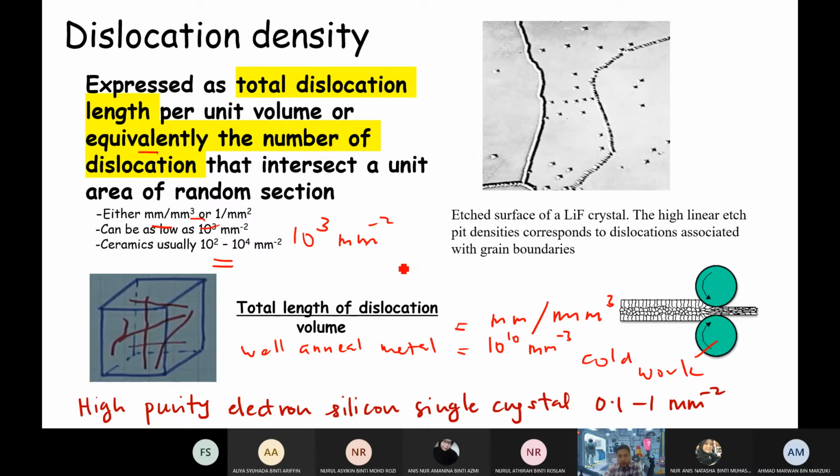When we apply a light cold work to that particular material, the value of density can increase by the order of 2, lebih kurang 10 kuasa 12.